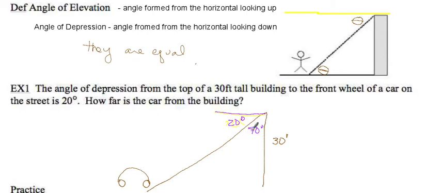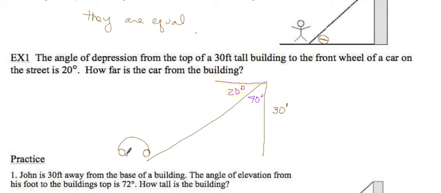So this is 70 degrees, and the goal is to find how far the car is from the building. So here's my car, and would I want to find this length here? Nope, we want to find the length from here to here. So we have forced a 90-degree angle and a triangle in the works. So here is 70 degrees.